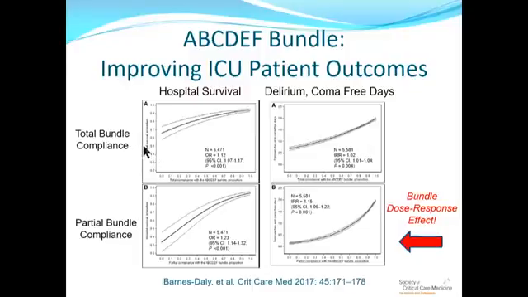As total bundle compliance went up, your odds of surviving went up, as did your delirium-free days. But even partial bundle compliance, as that went up over time, your likelihood of death and delirium went down.